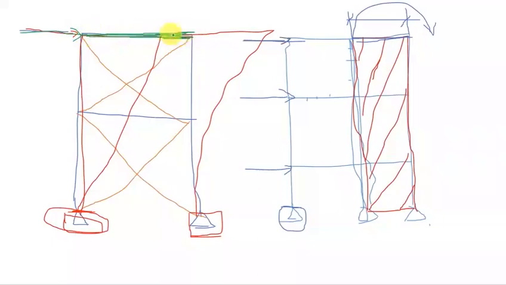This member will be under compression, because this load will be traveling through this member. Then when it reaches here, it will be resisted by this member. You see this member here, this member will be in tension to resist that lateral load, right? Then after that, that load will be taken by this member, which will transfer it to the foundation.